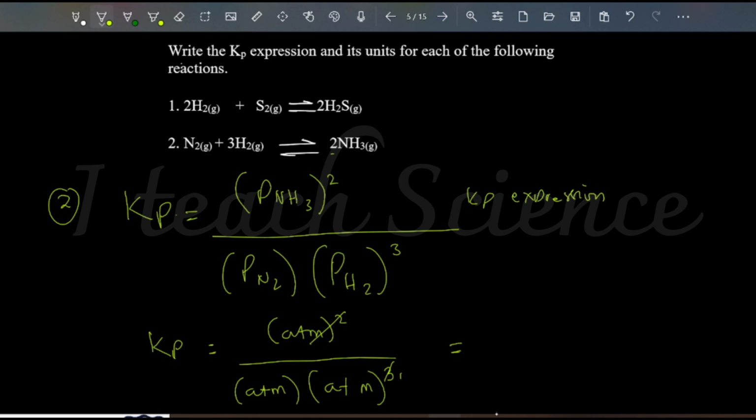So we will have 1 over atm squared, which can be written as per atm squared. So the unit of this chemical equation is per atm squared, and the Kp expression is this. So this is how you write the Kp expression for equilibrium equations when you are asked.